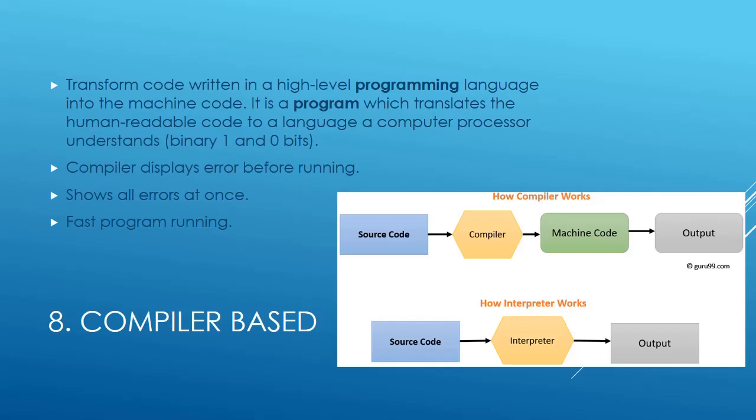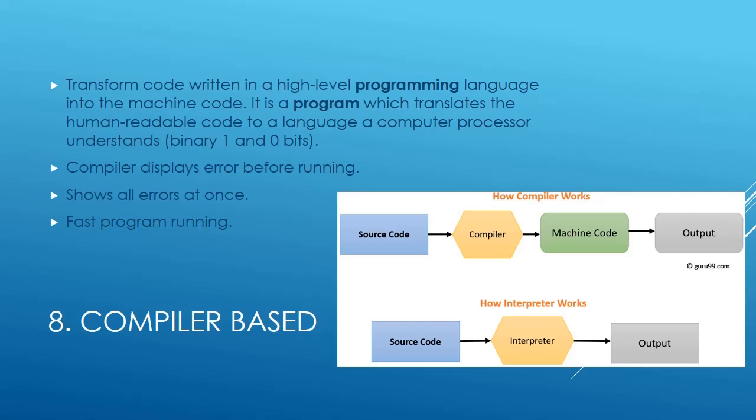A compiler compiles the whole program at once and shows all the errors at once. That is, when we write a program that has 3 errors, the compiler will show all 3 errors at once. But an interpreter shows an error only as it runs. The interpreter runs the first line, and if it is error free, it comes to the second line.